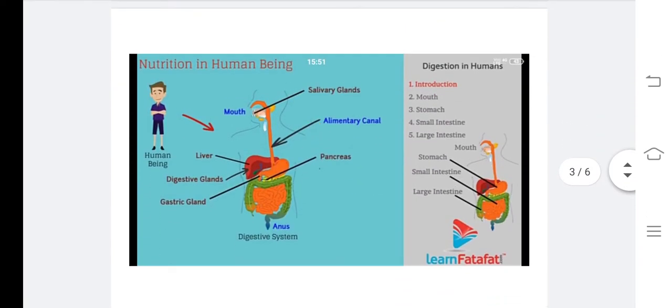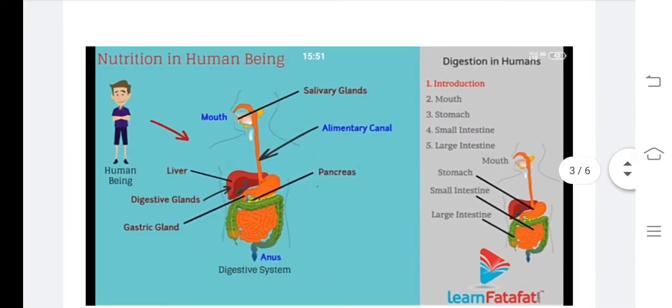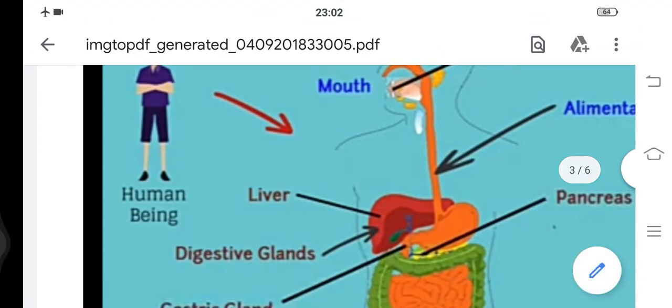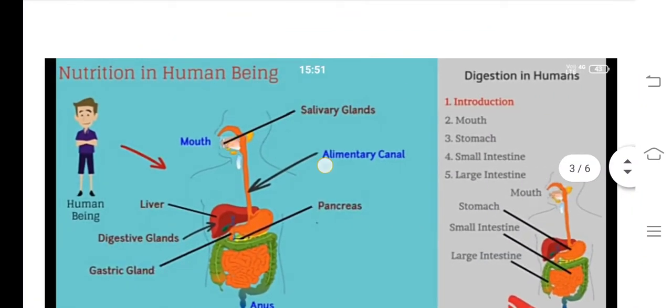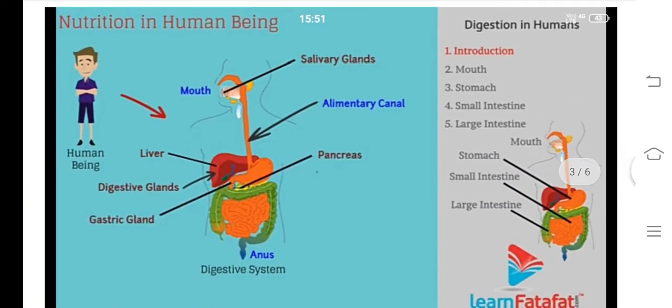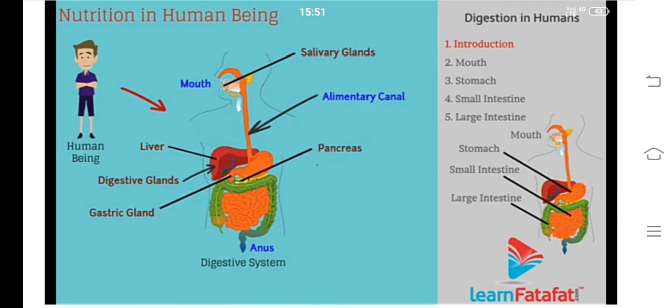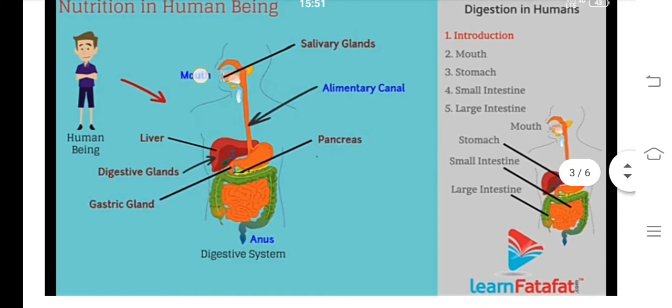Now let us understand the human digestive system. Are you ready? Nutrition in human beings takes place with the help of the digestive system. It consists of the alimentary canal and digestive glands. The alimentary canal is a tube-like structure extending from mouth to anus.